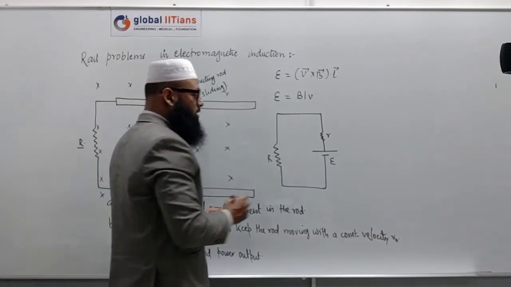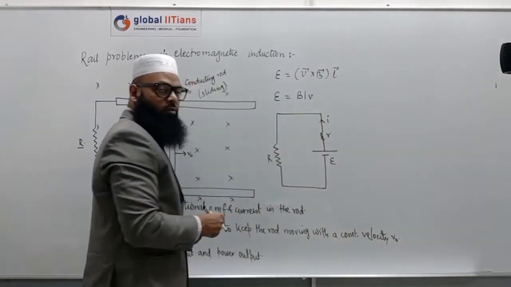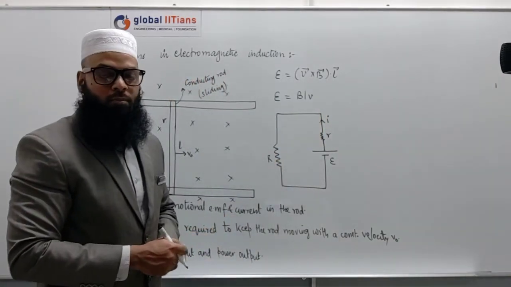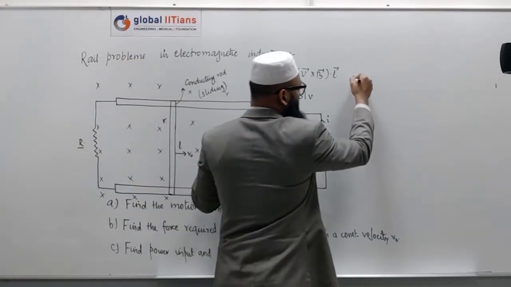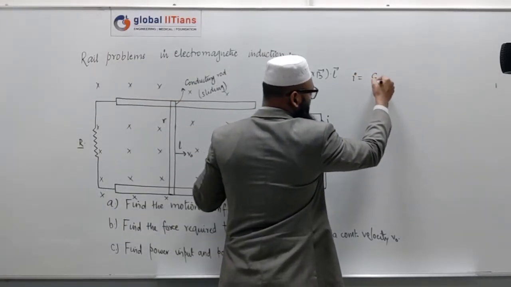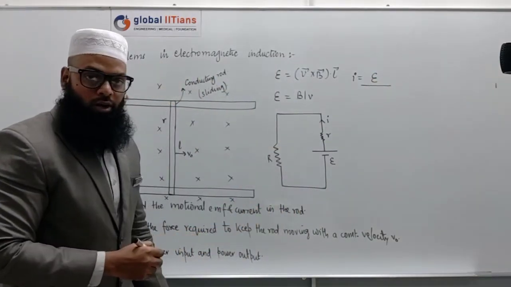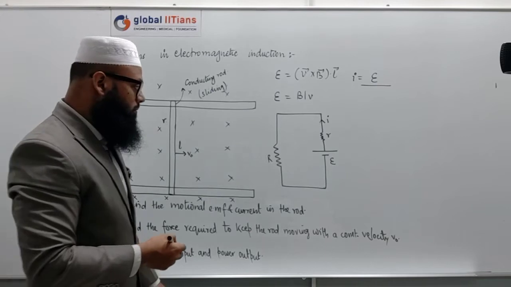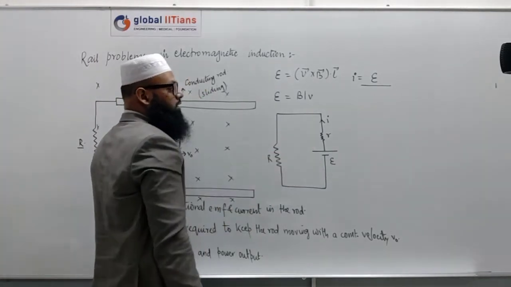As a result of this EMF, there will be some current, and that current obviously will be the induced current. So induced current I will be equal to the EMF induced upon the net resistance of the circuit, that is going to be capital R plus small r, because both of them are in series.